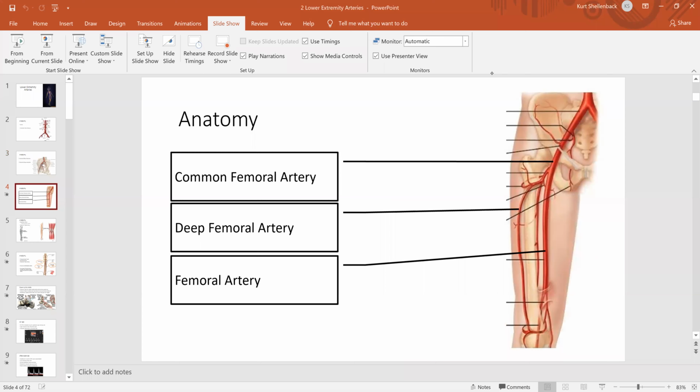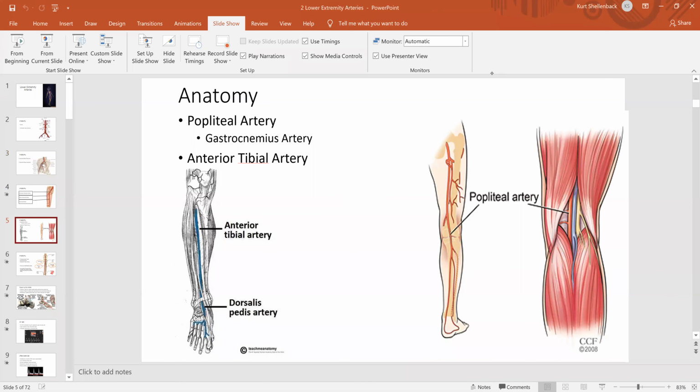So, common femoral, deep femoral, femoral. You guys know this stuff. Popliteal artery. So the femoral artery goes deep through Hunter's canal. And we know from looking at the veins that could be a difficult part to follow. And then it becomes a popliteal artery.